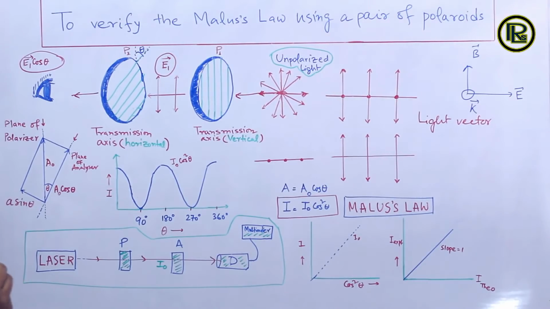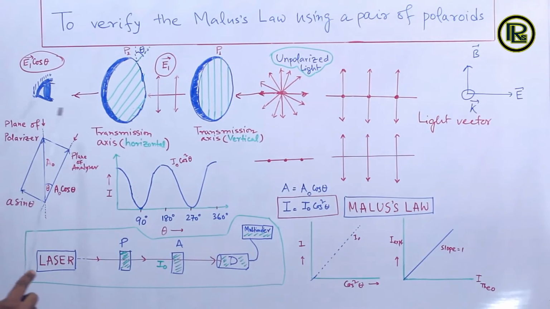And if the amplitude of the wave incident here, that means this electric field, is A0, then A0 cos theta will be allowed by the analyzer and A0 sin theta will get blocked.